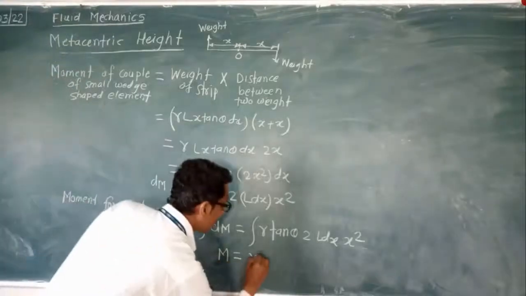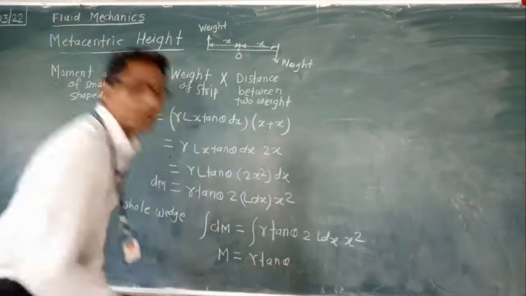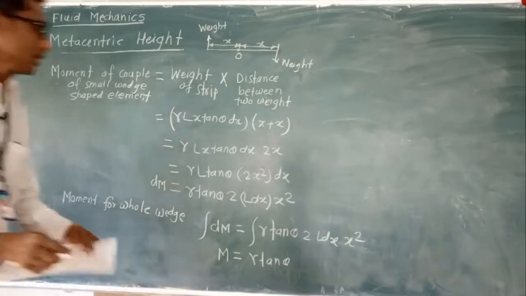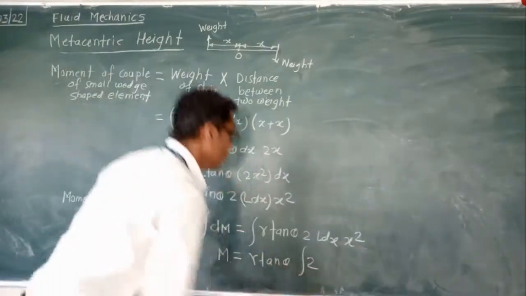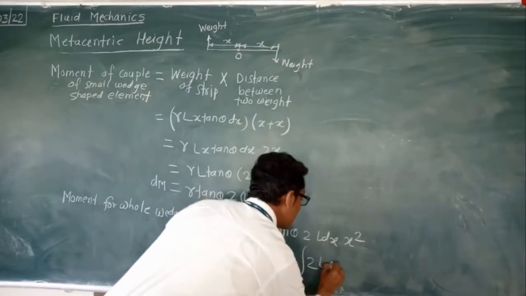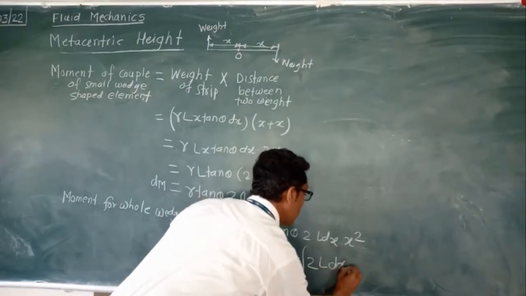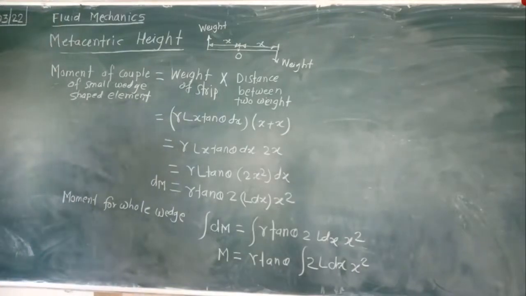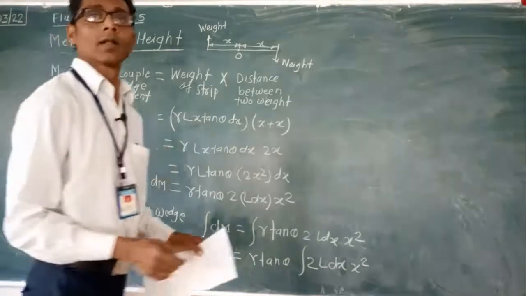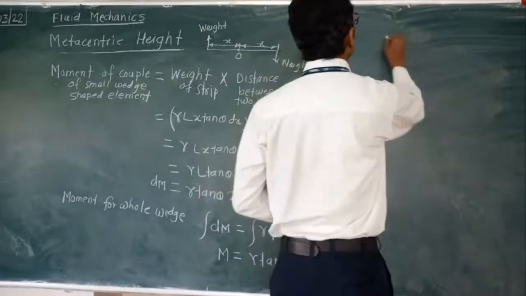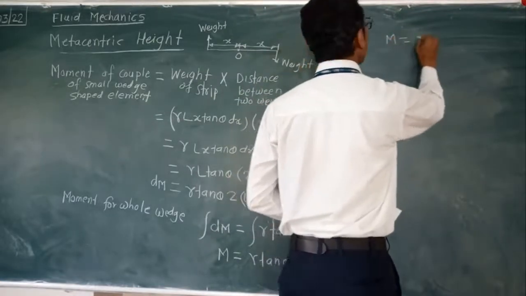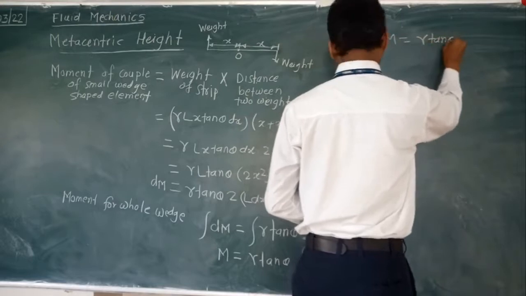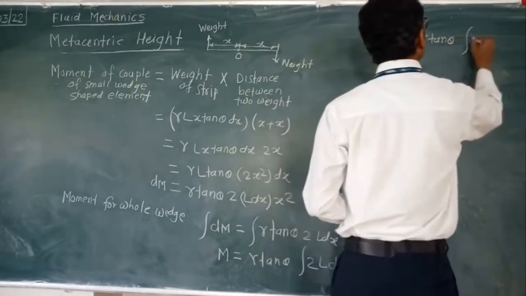Here gamma tan theta is outside of the integration sign. In the integration you write 2 L dx x square. So next M is equal to gamma tan theta, integration 2.